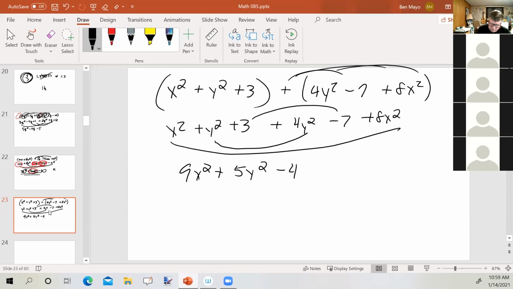Now, is that standard form? Well, it's in standard form in terms of x squared, but I could also write 5y squared plus 9x squared minus 4, and that would be in standard form too. So here's the deal. If an expression just has one variable to different powers, then standard form is pretty cut and dry, descending powers.